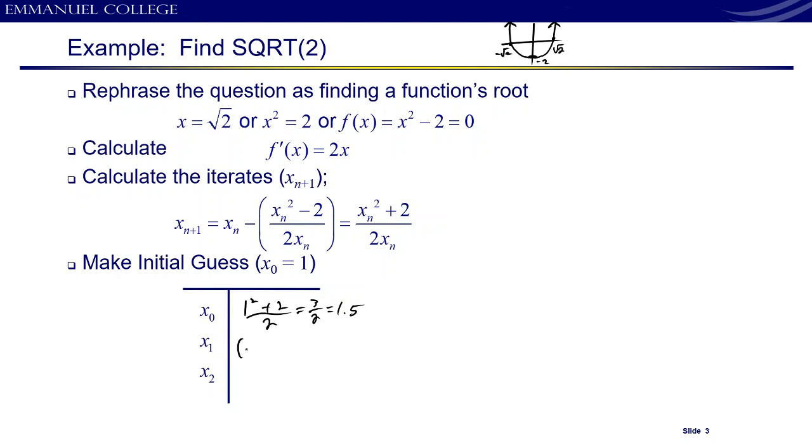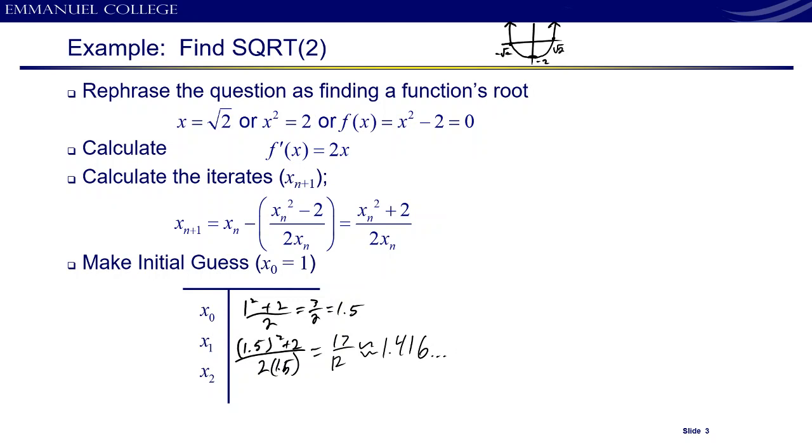So now let's try this. So 1.5 squared plus 2 divided by 2 times 1.5, which is equal to 17 over 12, sorry, which is approximately 1.416 and so on.